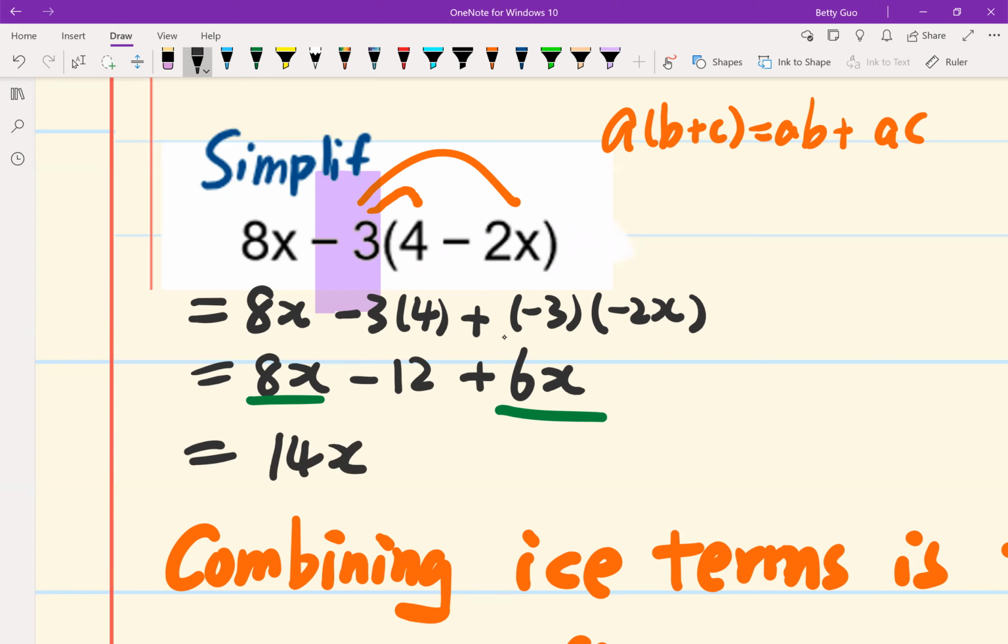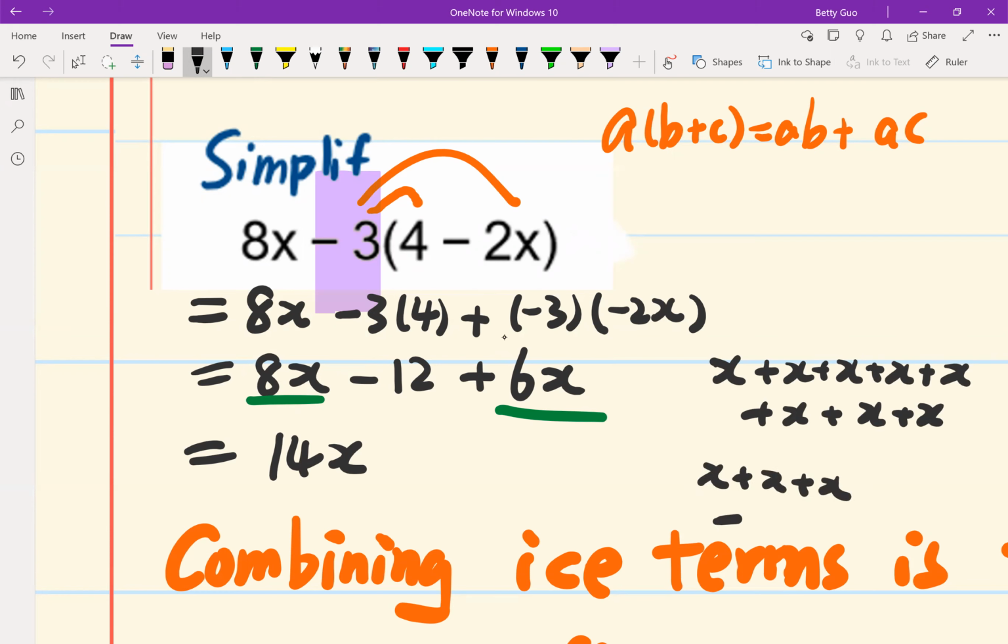You have 8x, that's 1, 2, 3, 4, 5, 6, 7, 8. And then now you have 6 more x, 1, 2, 3, 4, 5, 6. Together, you count the number, you have 14x, right? Does that make sense?